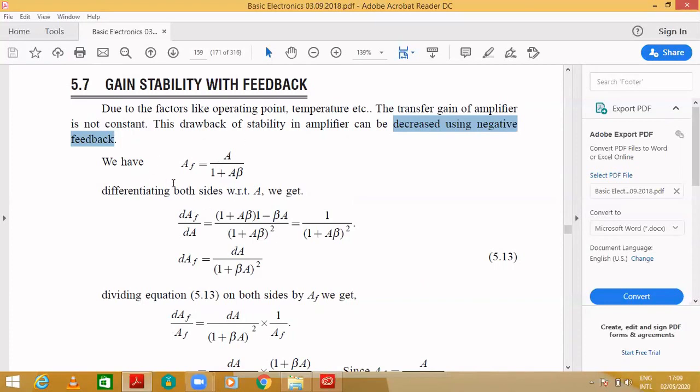This is the formula which we already derived, that is AF equals A by 1 plus A beta.